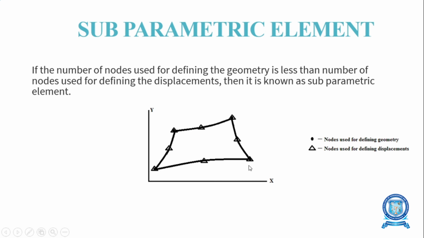Then how many nodes define the displacements? 1, 2, 3, 4, 5, 6, 7, 8. 8 nodes define the displacement. So here the number of nodes defining the geometry is less than the number defining the displacements, then it is called a subparametric element.